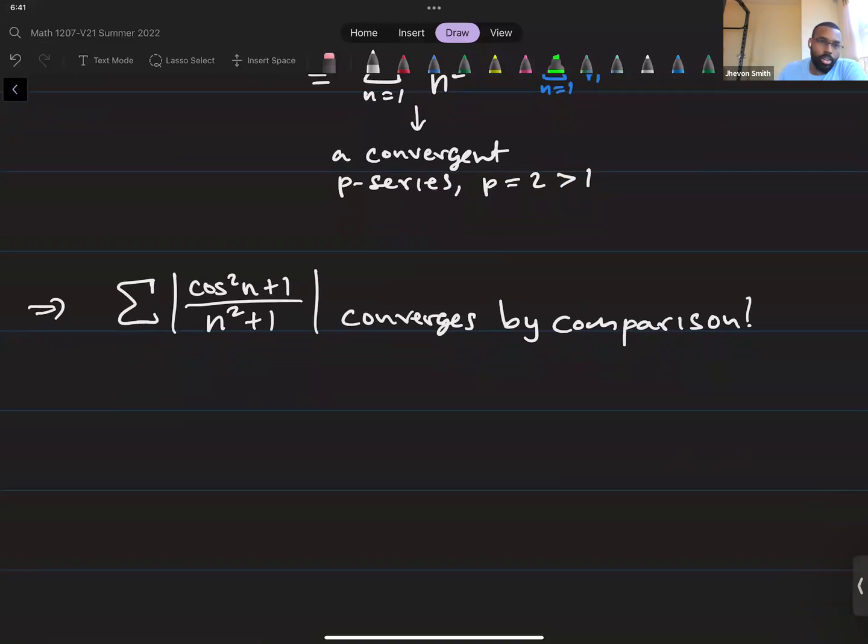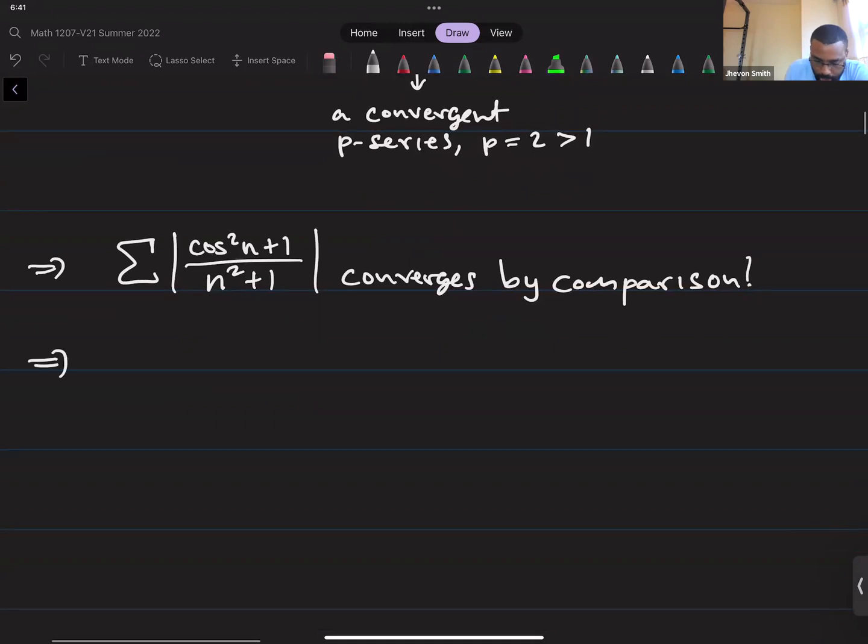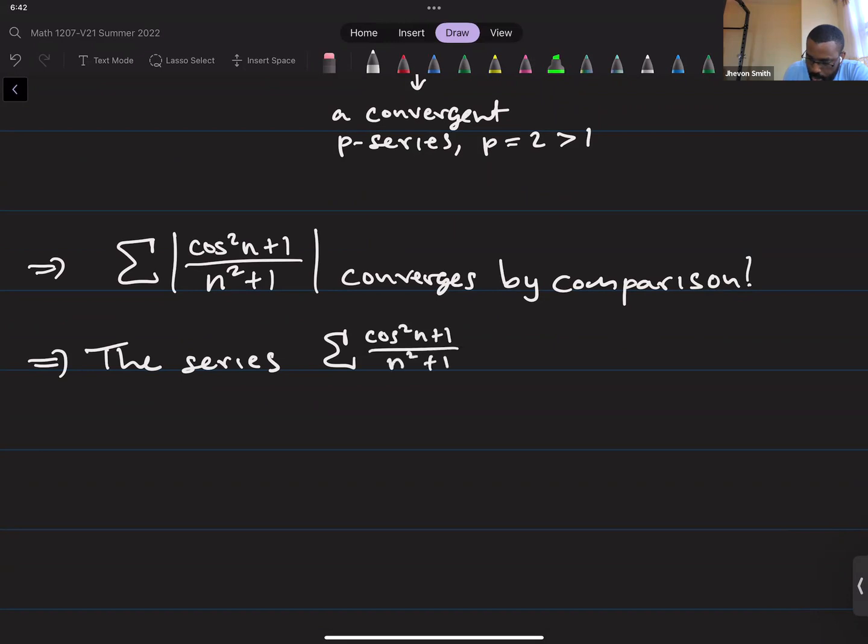This series is our original series with absolute values around it. So that means our original series, cosine squared n plus 1 over n squared plus 1, converges absolutely. Absolutely converges. And we use the comparison test to do this.